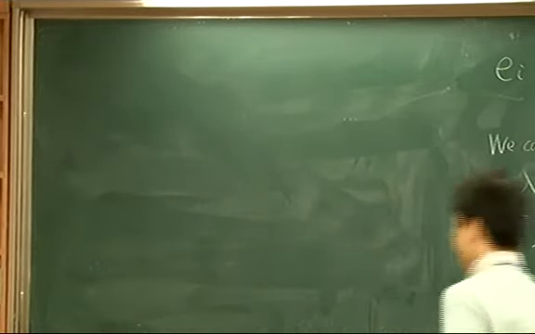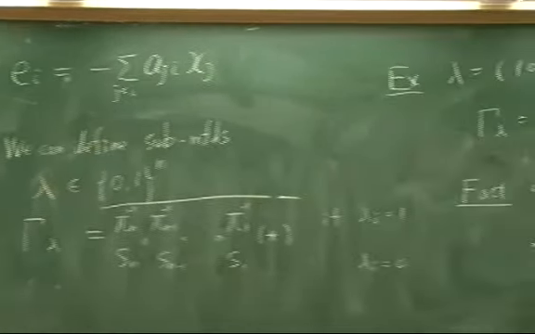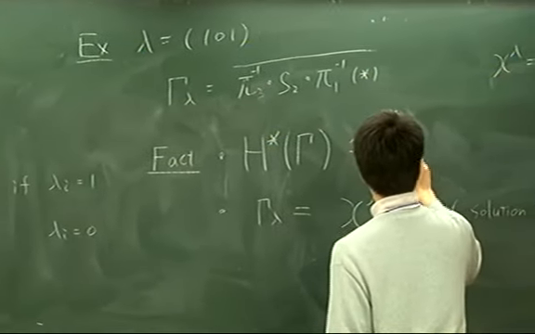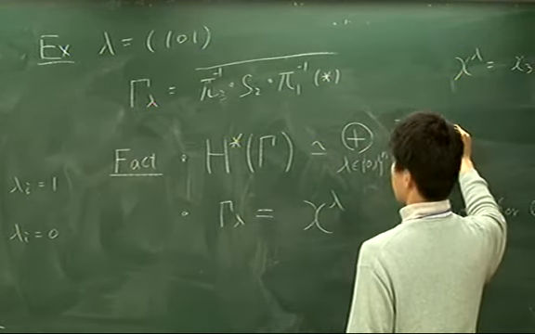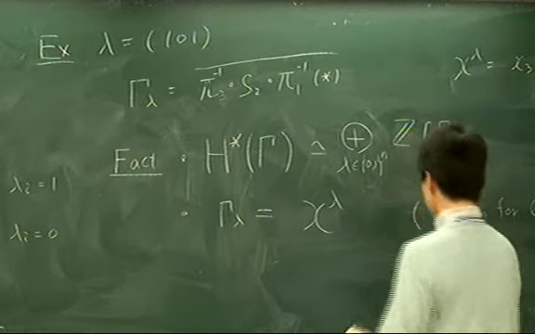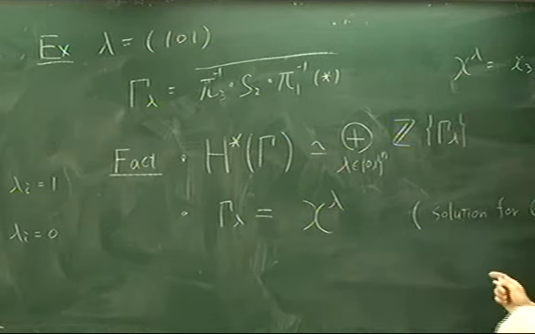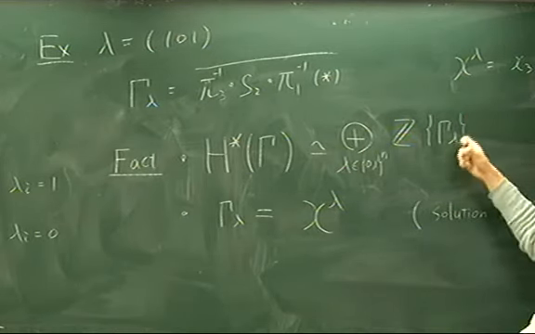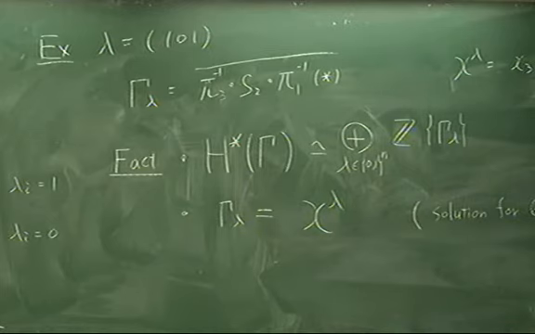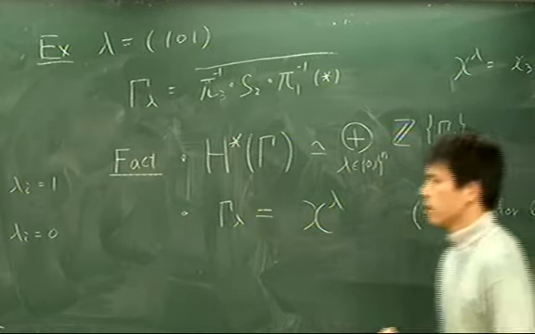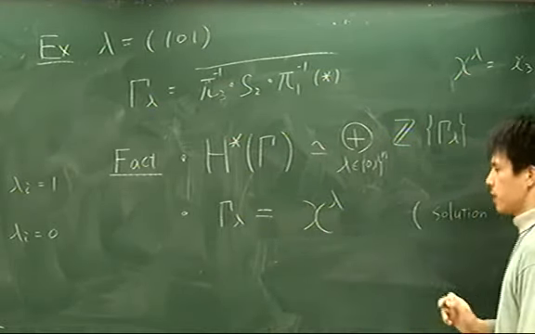It means gamma lambda forms the Z basis for the total cohomology as a group, yes, as a Z module.